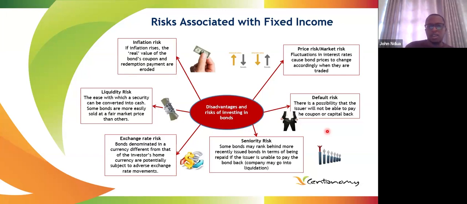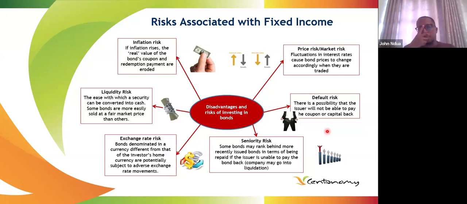If you're from Uganda and want to invest in Kenya, remember, investing in fixed income, you have to invest in Kenya shillings in Kenya. You have to invest in Uganda shillings in Uganda, Nigerian naira in Nigeria, Rwandan francs in Rwanda. So you have to invest in the host country's currency. Now, what happens if that country's currency depreciates against your home country's currency?